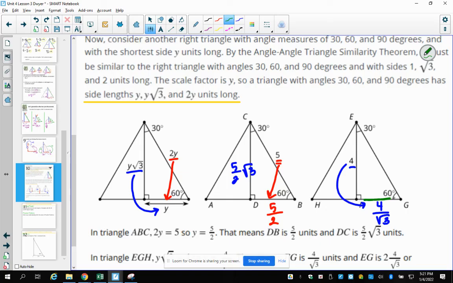Then if we have this shorter leg, we can multiply it by 2. So 2 times that amount is our hypotenuse. I'm just going to multiply the 2 in, so it'd be 8 divided by the square root of 3, but you can certainly put that in your calculator for the decimal version as well.